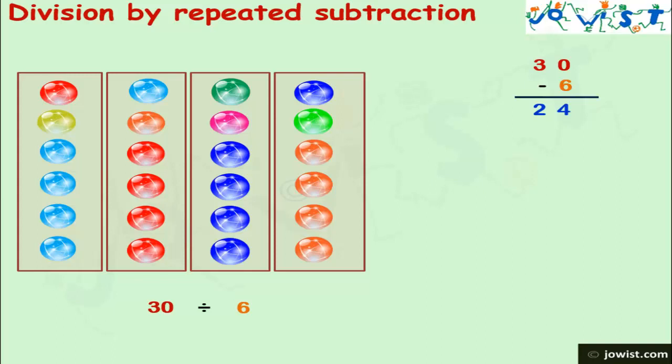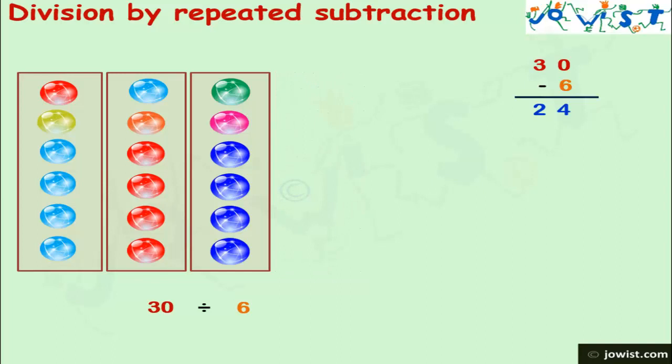Let's take the second group away. How many marbles did we take away? Yes, we took 6 marbles away. Therefore, we will subtract 6 from 24. Subtracting 6 from 24, we get 18.